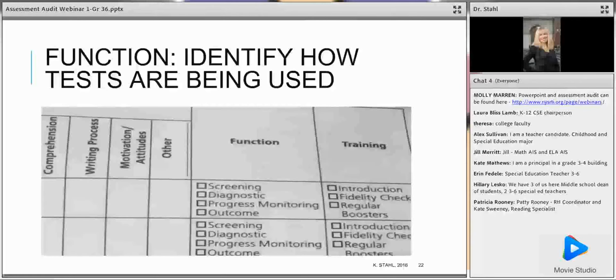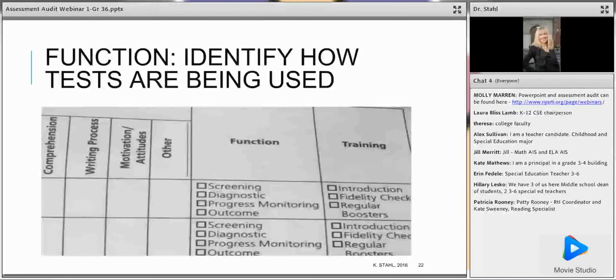Then if we continue along on the form, we see function. So there is your screening, diagnostic, progress monitoring, and outcome that you want to check. And you may be using these tests for multiple functions. Particularly, the test that you use for screening is often going to be the same test that you use as an outcome measure, because everybody's taking it.